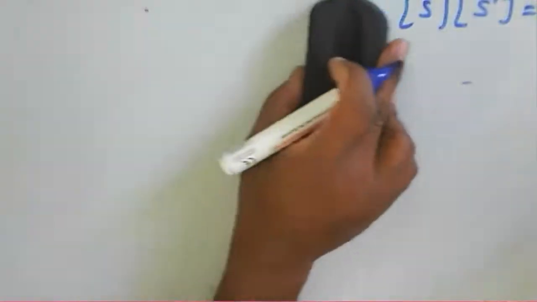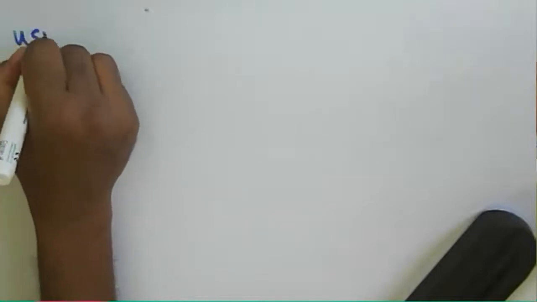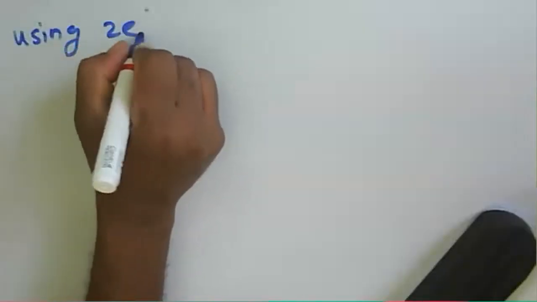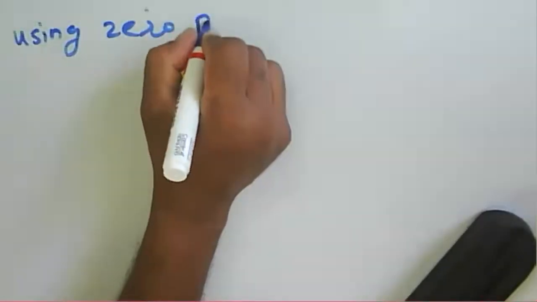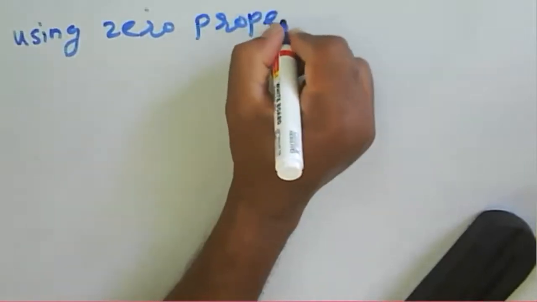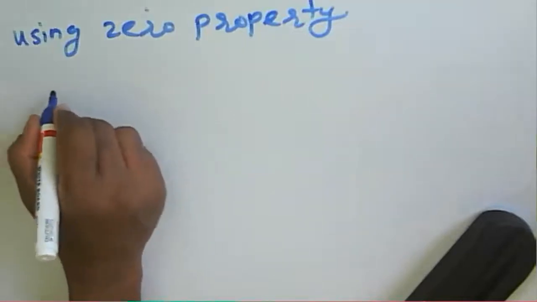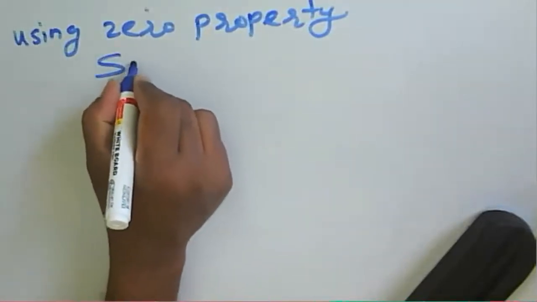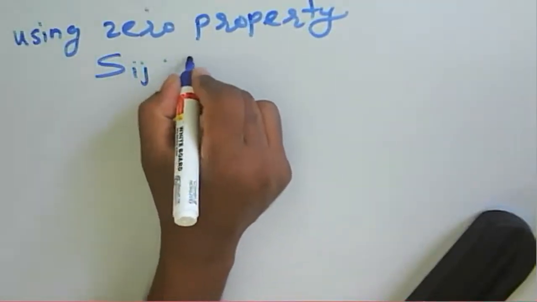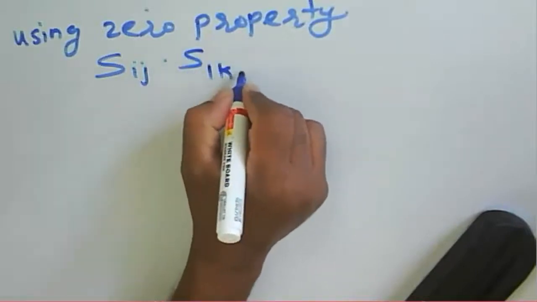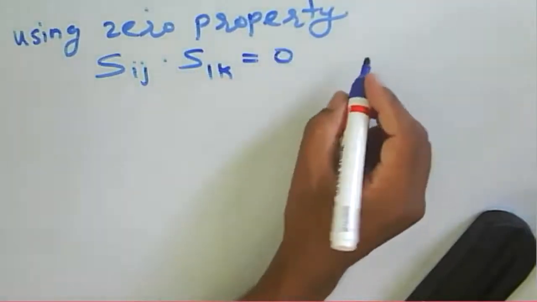Now instead of that unitary property, we can say that using the zero property. So what is the zero property? The zero property is Sij into the complex conjugate of Sik is equal to 0.